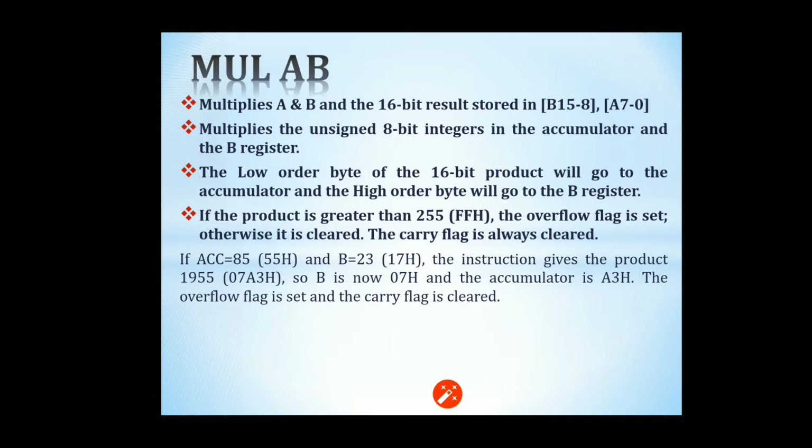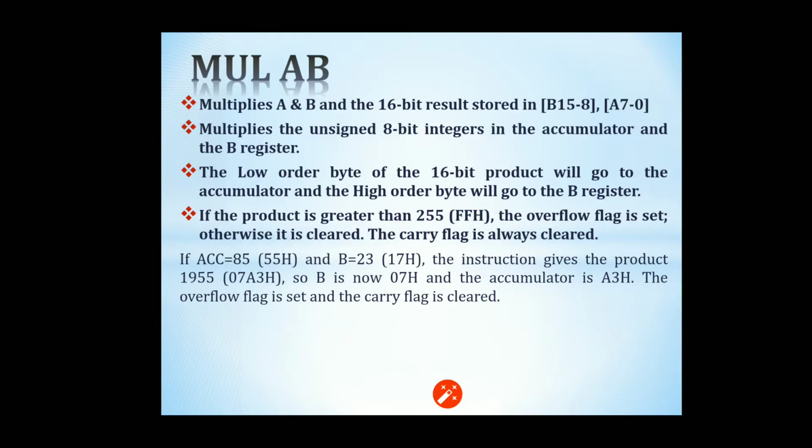Moving toward the next arithmetic instruction, MUL AB. That means it multiplies the two registers, A and B, and the 16-bit result is stored, with the higher bits in the B register and the lower bits in the accumulator. It multiplies the unsigned 8-bit integers in the accumulator and the B register.